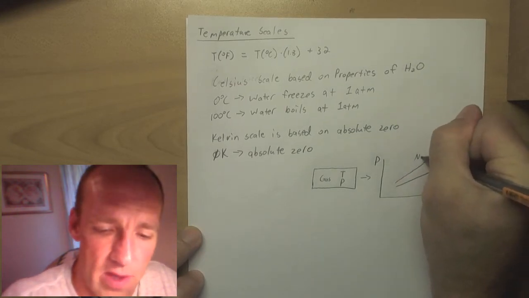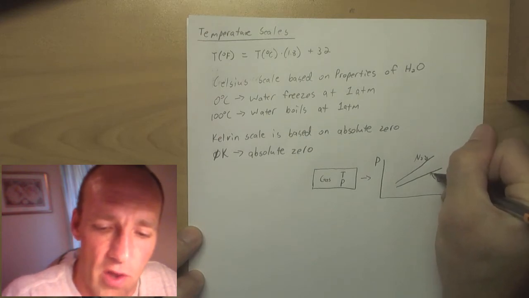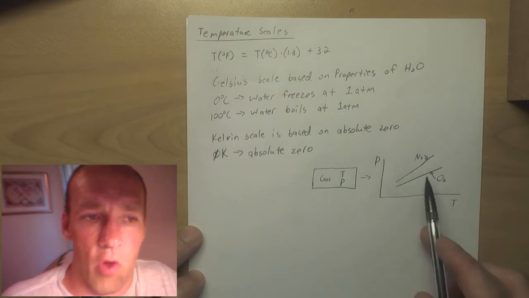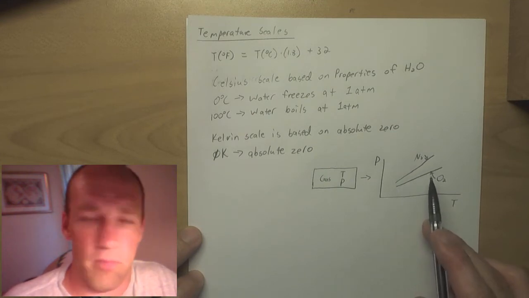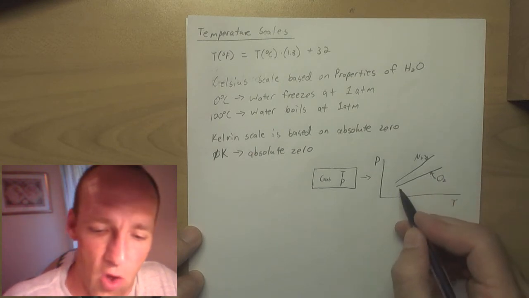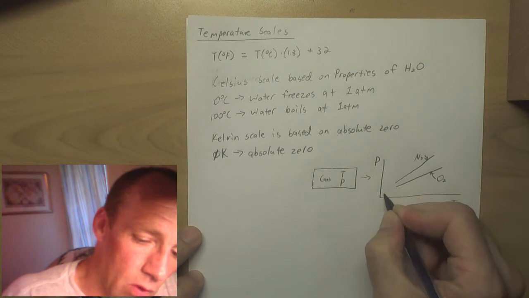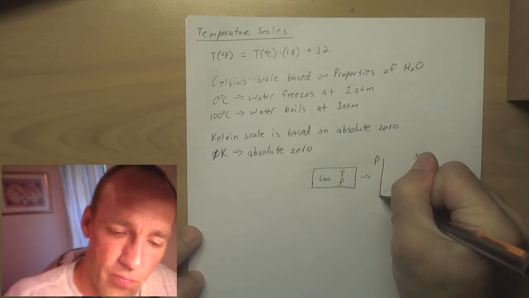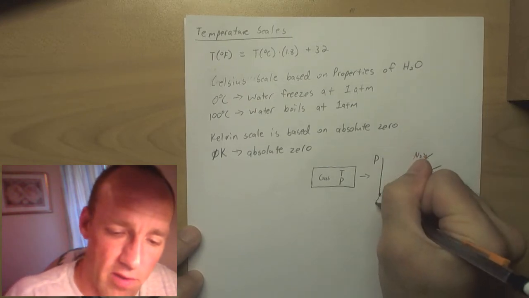So this could be nitrogen, for instance, or this could be oxygen. I'm not sure, I'm kind of making this up, but the slopes may differ, but the linear relationship is the same, and they all seemingly cross at some point. That point was marked as absolute zero.